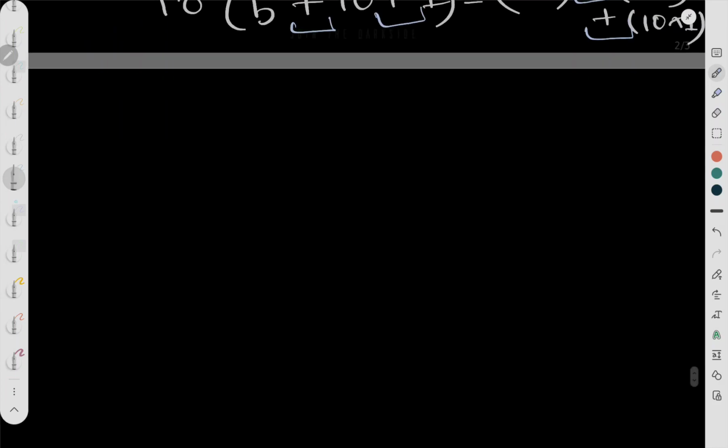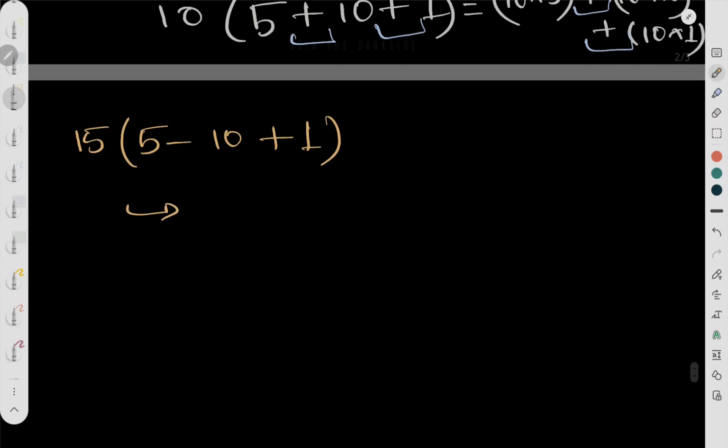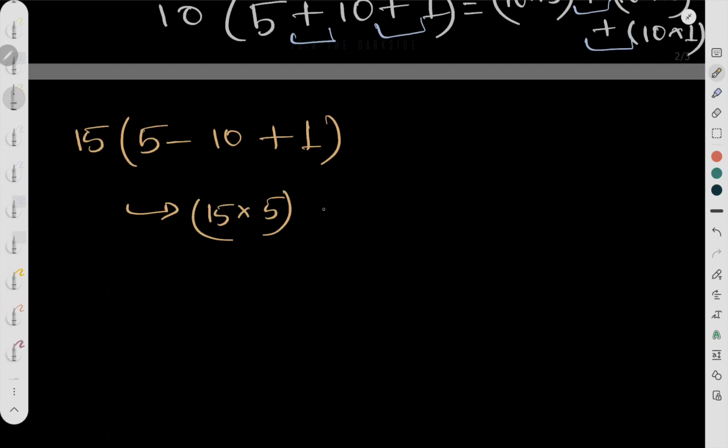Now if the equation would have been something containing a subtraction sign, a minus sign, it will be 15 into (5 minus 10 plus 1). Now the answer here will be 15 into 5 minus 15 into 10 plus 15 into 1.